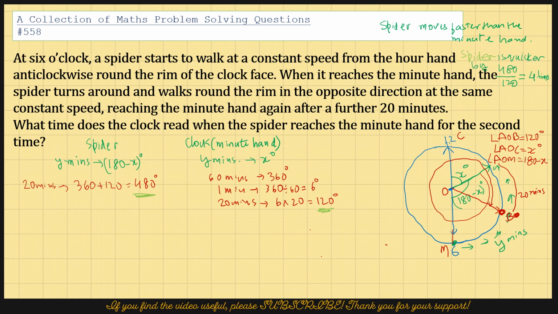So therefore, the speed of the spider is 4 times the speed of the minute hand.